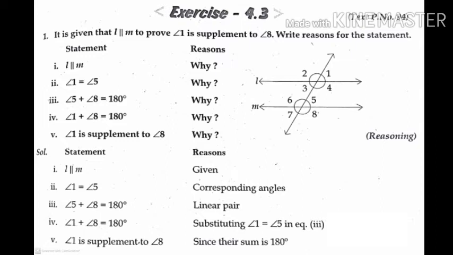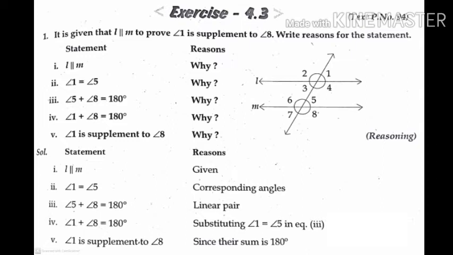Second statement, angle 1 equals angle 5. Yes, they are corresponding angles. Third statement, angle 5 plus angle 8 is equal to 180 degrees. That is a linear pair because they are adjacent angles and also lie on the same line.